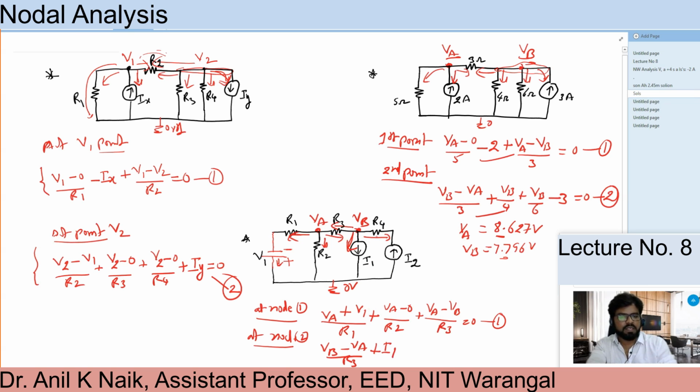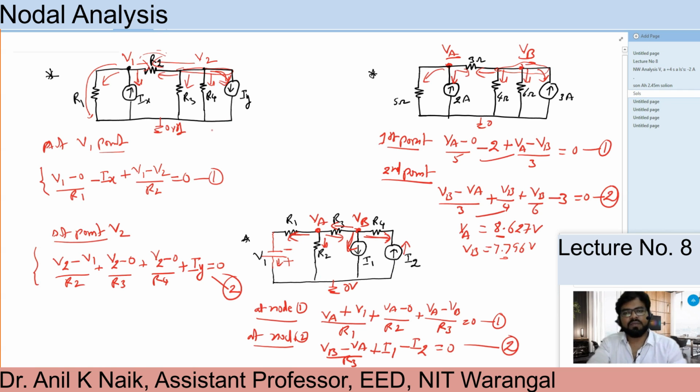And here you see my current is flowing through this series branch. The same current is flowing in R4 as well as this current source. The current source direction is in this direction, my assumption is quite opposite to that, so I take minus I2 equal to 0. So this is how we write the nodal analysis.